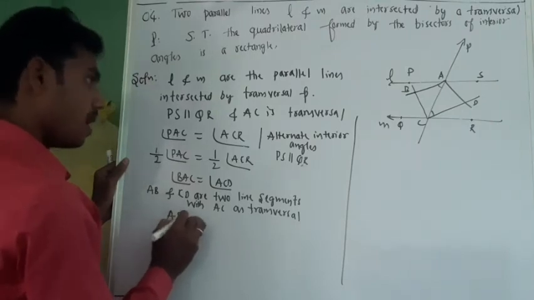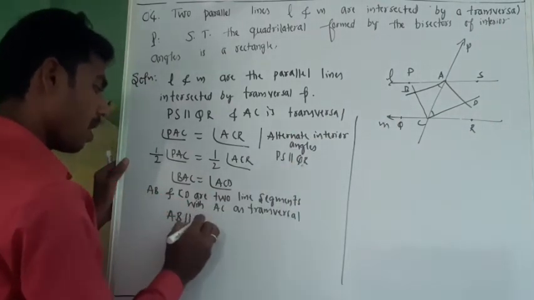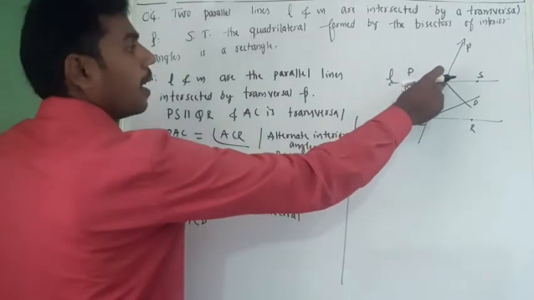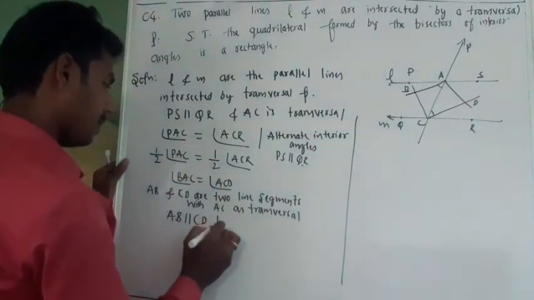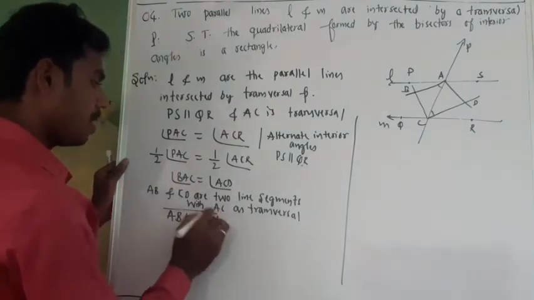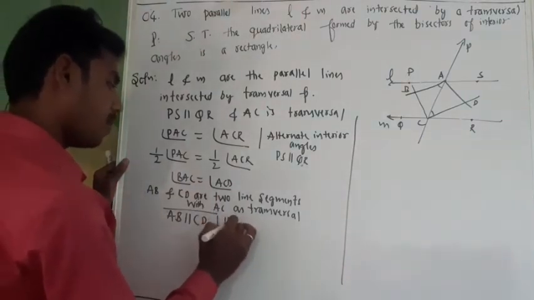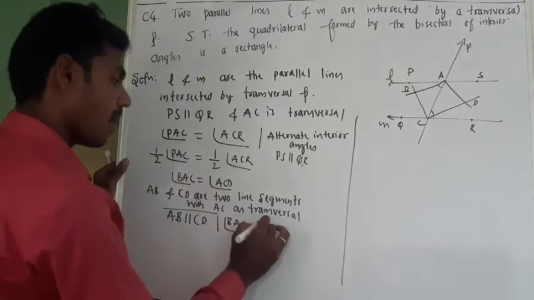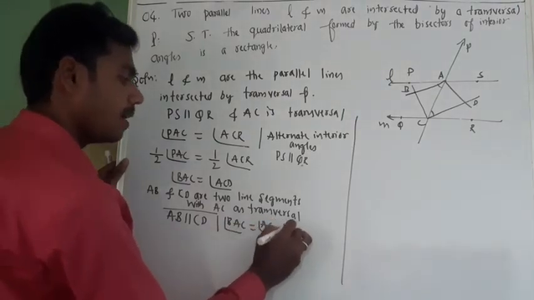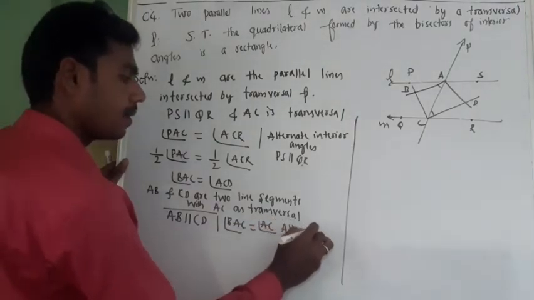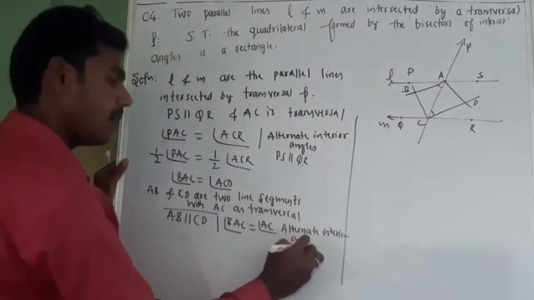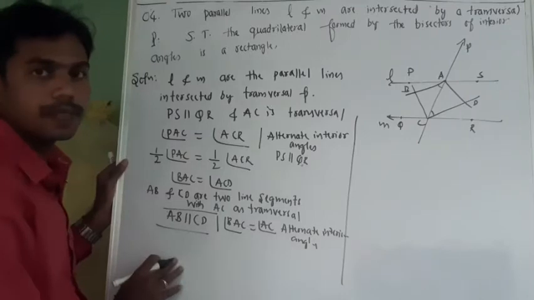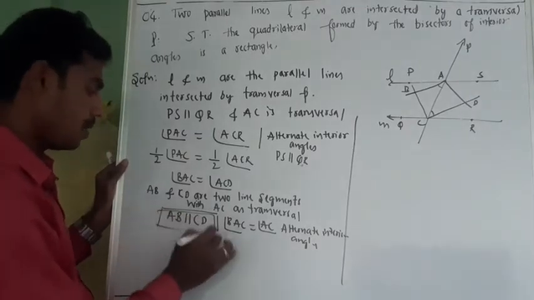AB is parallel to CD. Why? Because angle BAC is equal to angle ACD, alternate interior angles. Since alternate interior angles are equal, AB is parallel to CD.